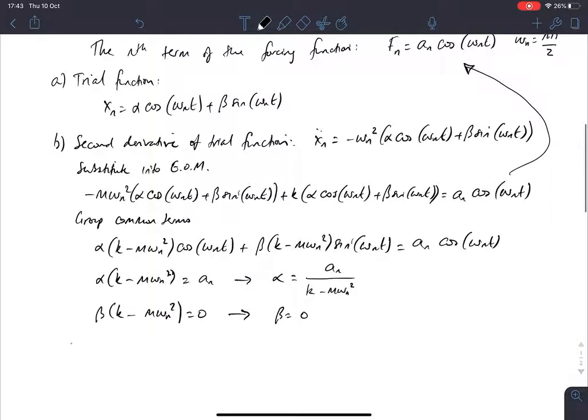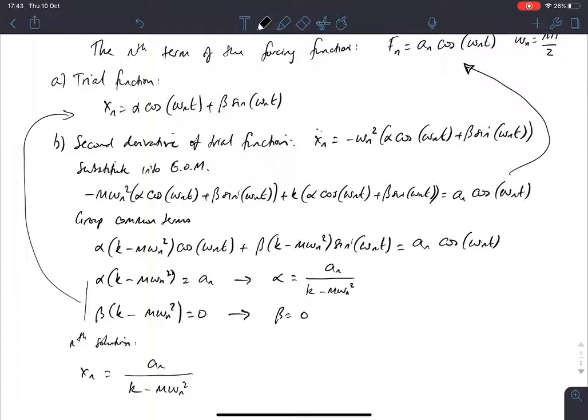So the nth solution x n, we basically substitute these two things into this equation, equals a n over k minus m omega n squared, cosine of omega n t.